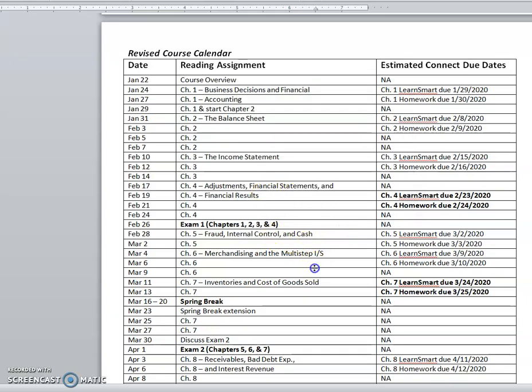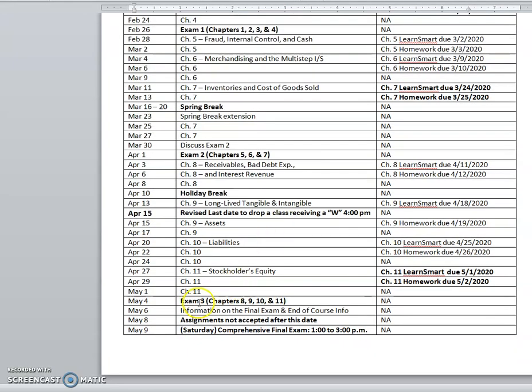Then I'll get it where you can see all of it. And third exam May 4th. And the final exam will be on Saturday, 1 to 3 p.m. Now, this exam will be during your normal class time. The final exam will be on Saturday, May 9th, and it will be comprehensive.